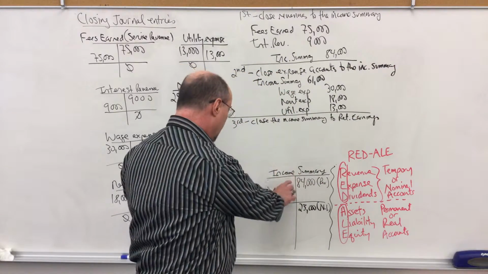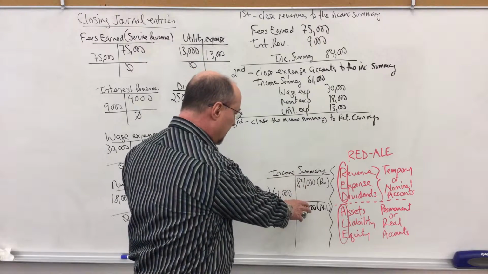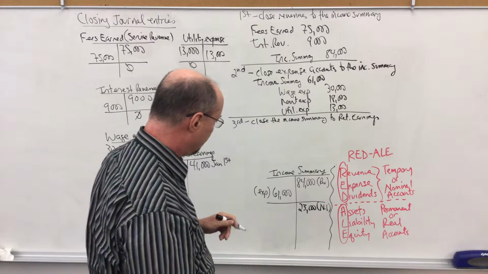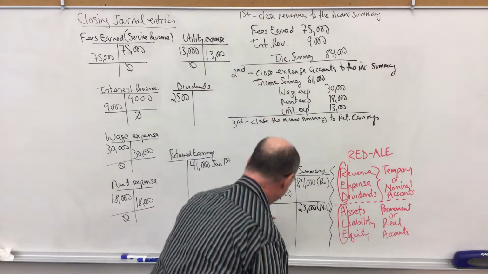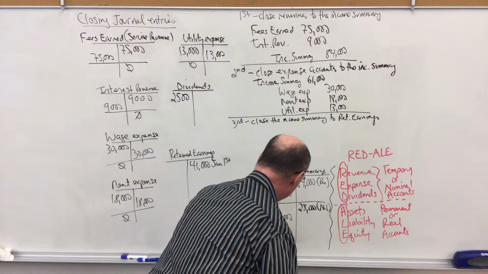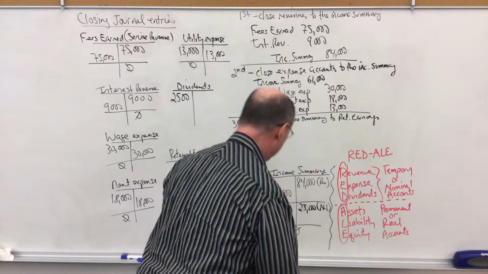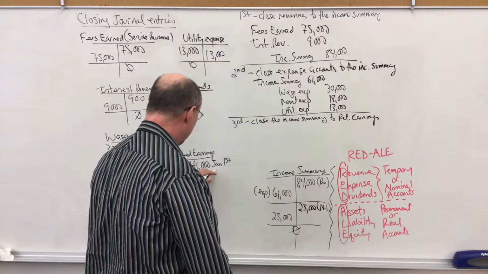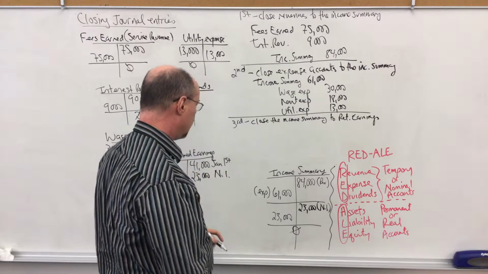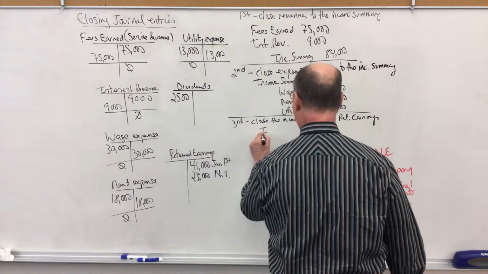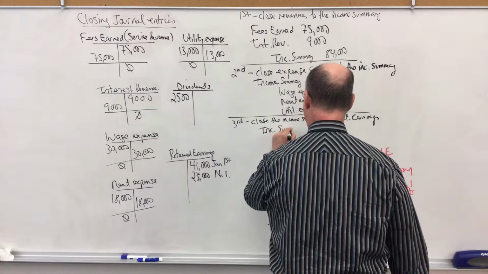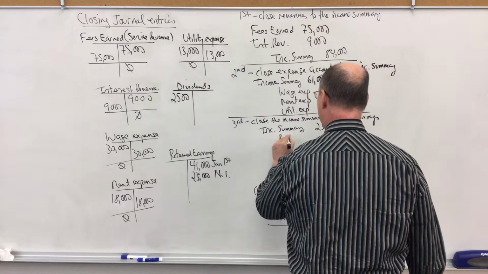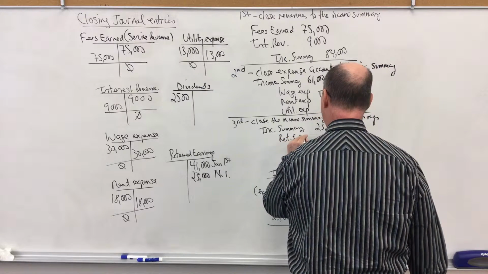Just close out the revenue and expenses, summarize net income, and we're going to transfer it now into retained earnings. The way I do that is I'm going to debit the income summary. That's going to close out this account. And I'm going to credit retained earnings. Okay, here's the journal entry. Debit the income summary, $23,000. Credit retained earnings, $23,000.